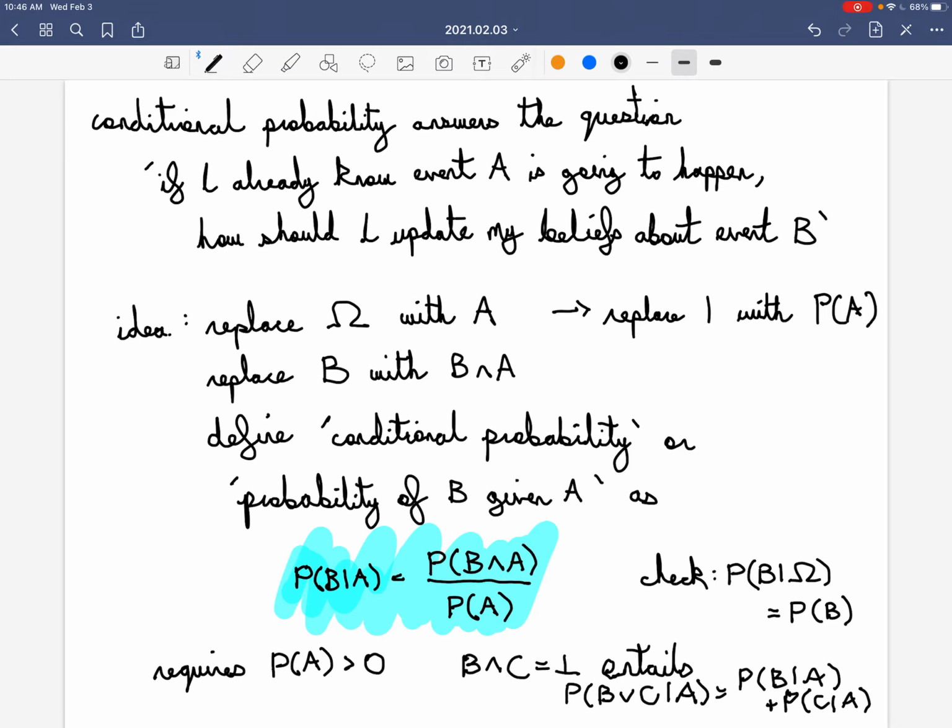Well, in math, you're not allowed to start a sentence with, I already know that 1 plus 1 is 3. So what we should do is say that conditioning on an impossible event just doesn't make any sense. You can't talk about the probability of B given A if A is impossible, because you can't assume something impossible happens and then start deducing consequences.